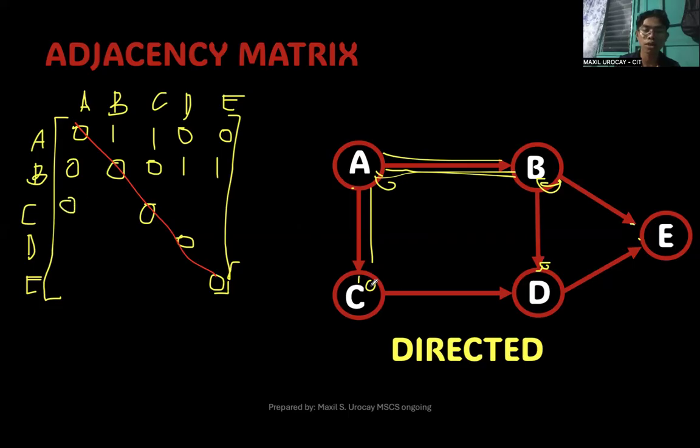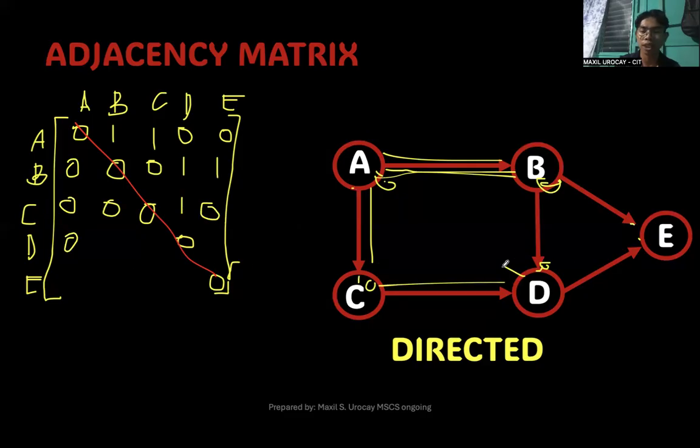How about C to B? There is no direct path, 0. C to C, there is no loop. C to D is connected, so that is 1. How about for C to E? They are not connected, so 0. How about for D to A? There's no connection or edge there, that is 0.